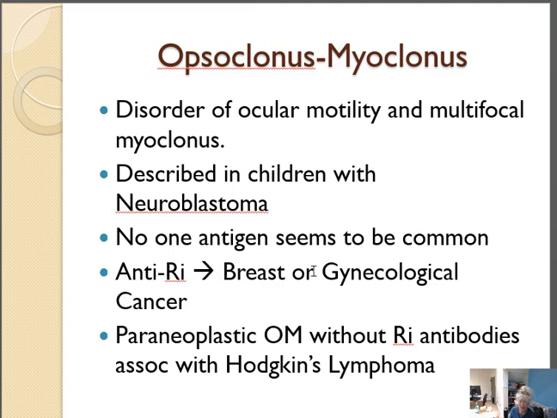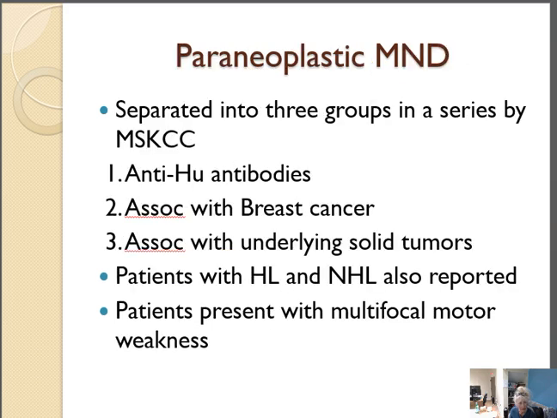Anti-Ri is associated with breast or gynecological cancers. We can take a look at paraneoplastic syndrome with anti-Hu antibodies associated with breast cancer and other solid tumors, with Hodgkin's lymphoma and non-Hodgkin's lymphoma, and they may have multifocal motor weakness.